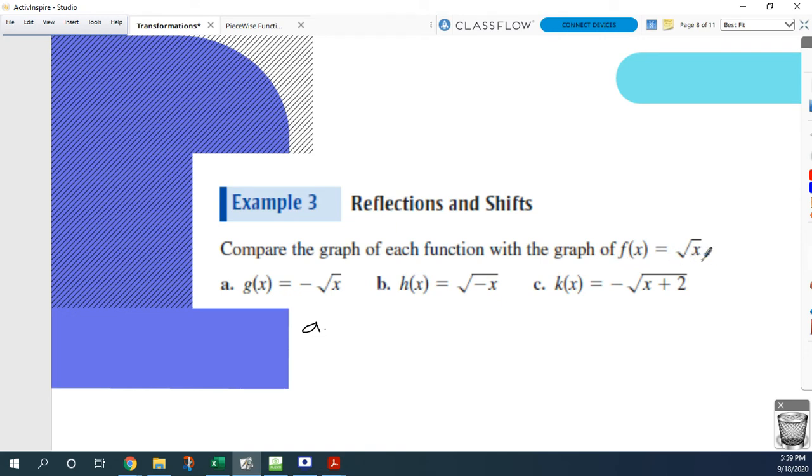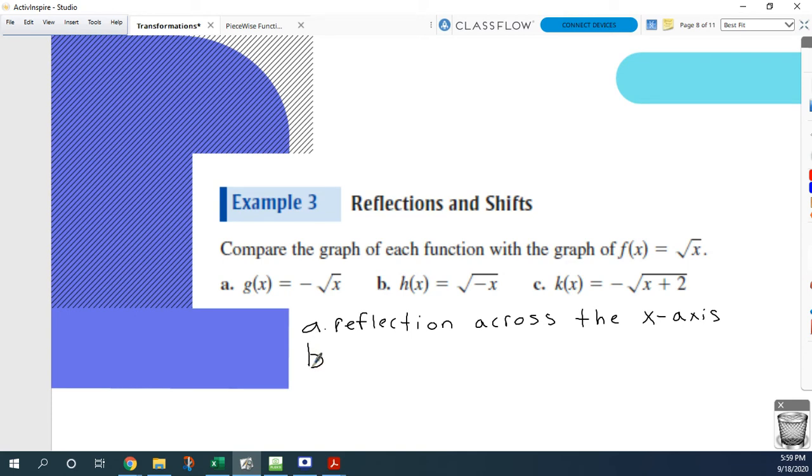My parent function in this case is our radical graph, the square root of x. Notice that we've added a negative to the outside on part A, so we would want to say that this is a reflection across the x-axis. Remember, if it's on the outside, it's going to reflect it across our x-axis.